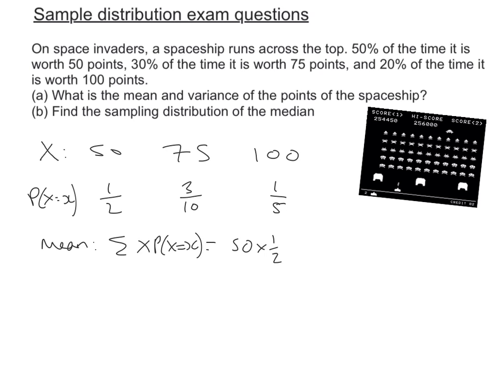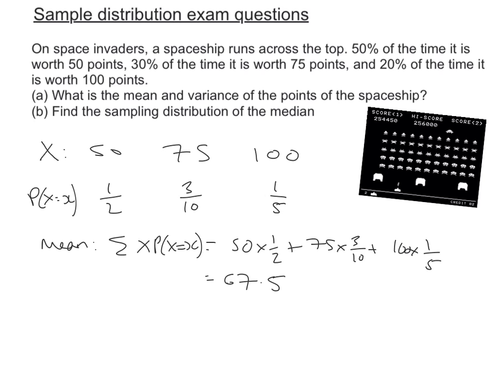And then we need to add that to 75 times 3/10. We also need to add that to 100 times a fifth. And when we calculate that, we'll get a mean of 67.5. So that's how you do that one.